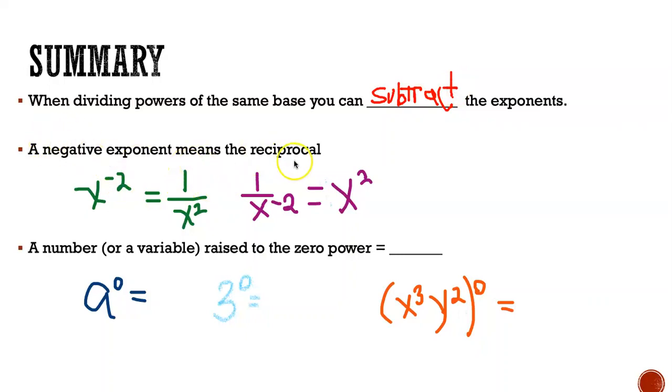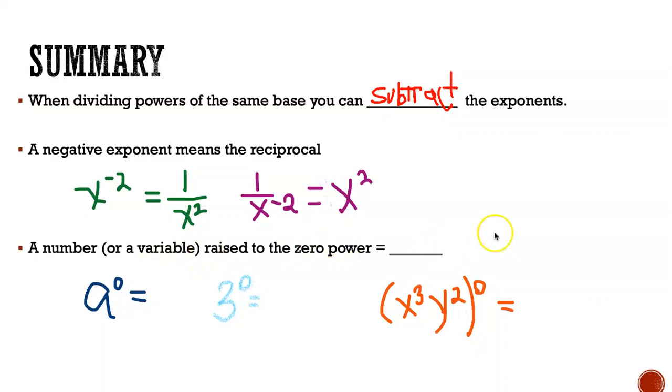A negative exponent means we're taking the reciprocal and then the exponent becomes positive. So if we see a negative exponent, we want to take the reciprocal of that and that becomes x squared. If we have a negative exponent in the denominator, then we take the reciprocal and it becomes x to the second power. So by taking the reciprocal, the exponent becomes positive.